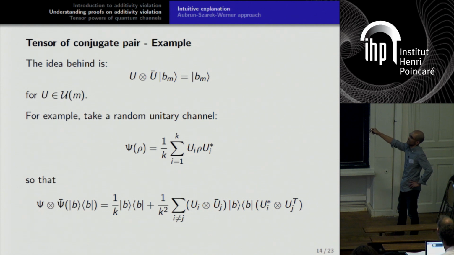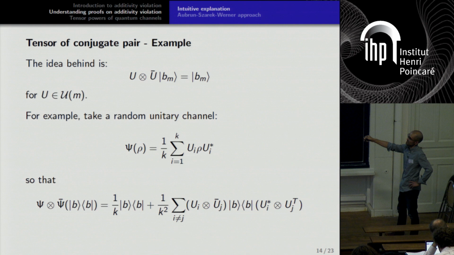But when i and j are the same, we have ui tensor ui bar, and by this property the Bell state is fixed somehow. Then for each pair of ui and uj, we have this concentration here.